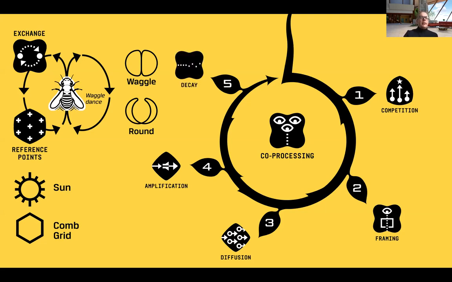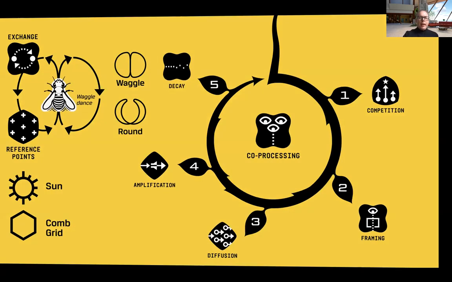And as that source of honey is depleted, there's a decay of that signal. So fewer bees will come back and signal that this is the best spot to go to. This whole process is a kind of wisdom of crowds. It's a kind of co-processing where the bees are able to come to very sophisticated decisions about how to forage.